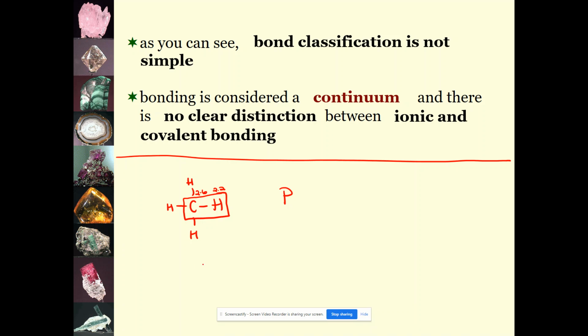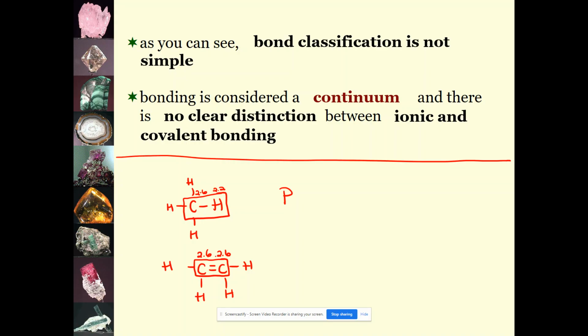You are going to get some where you have, for example, bonds that are both polar and nonpolar within your molecule. So my C to C bonds here, they both have the same electronegativity. Sorry, they should be 2.6. They both have the same electronegativity.